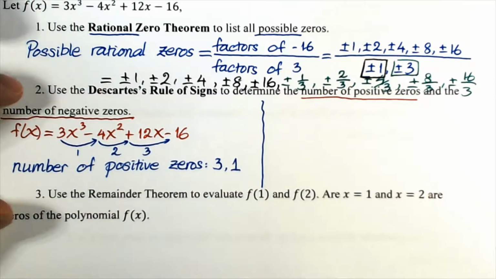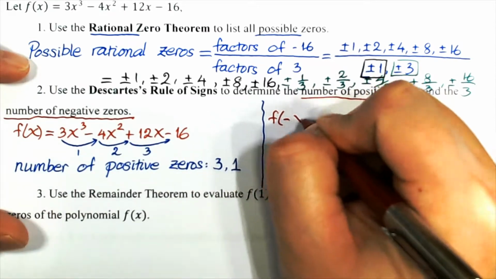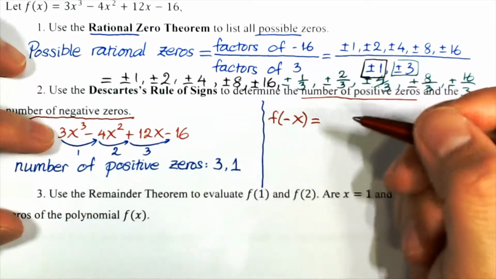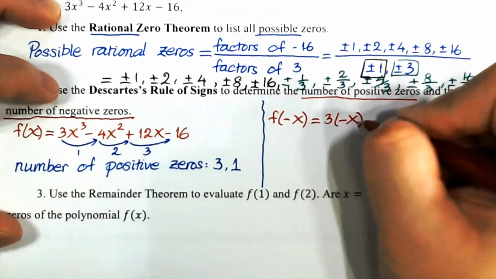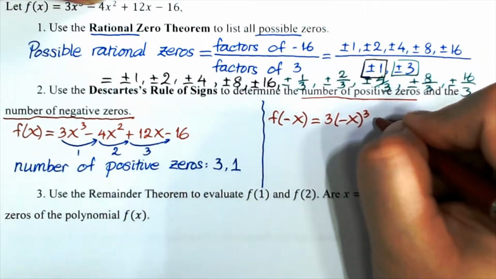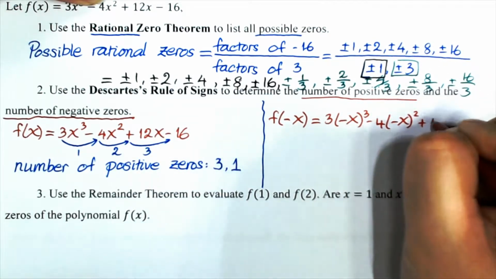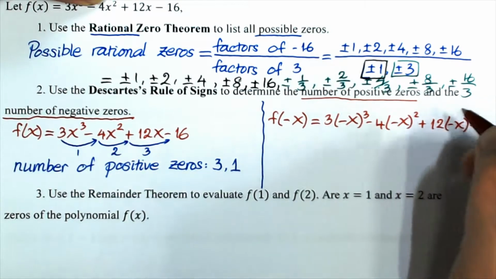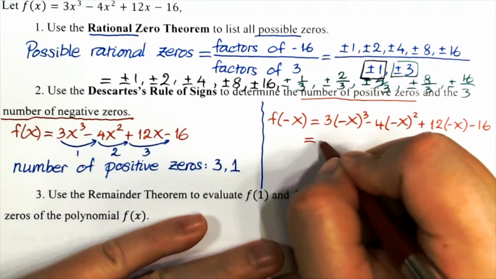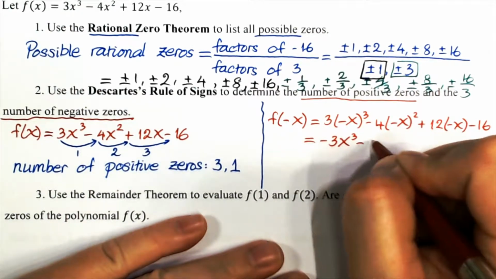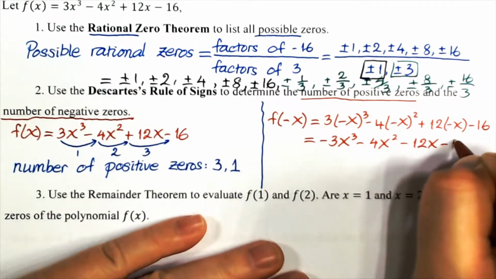Next we do the negative zeros. For negative zeros, we'll have to do f of negative x. We substitute negative x into the original polynomial: 3 negative x cubed minus 4 negative x squared plus 12 negative x minus 16, and we will have negative 3x cubed, negative 4x squared, negative 12x, and negative 16.